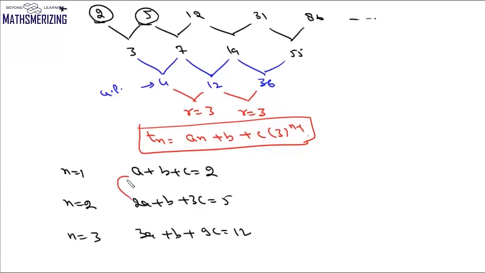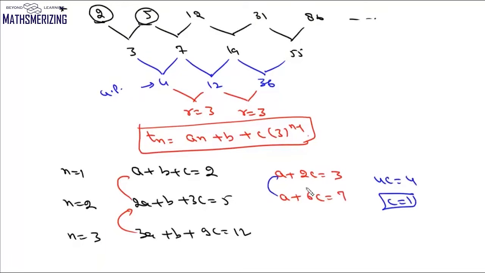Now we'll subtract first from second, we'll get A plus 2C equals 3, and we'll subtract second from third, we'll get A plus 6C equals 7. Now we'll subtract again, we'll get 4C equals 4, the value of C is 1. Now we'll put C as 1, we'll get A as 1. Now C is 1, A is 1, then the value of B is 0.